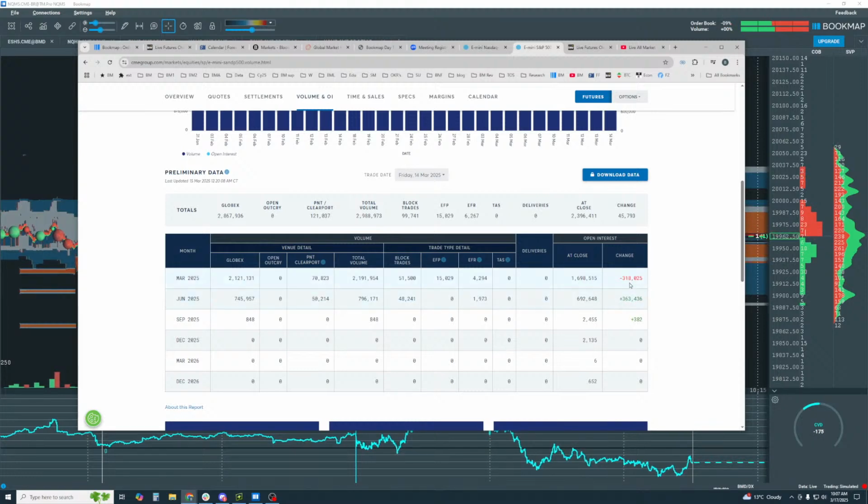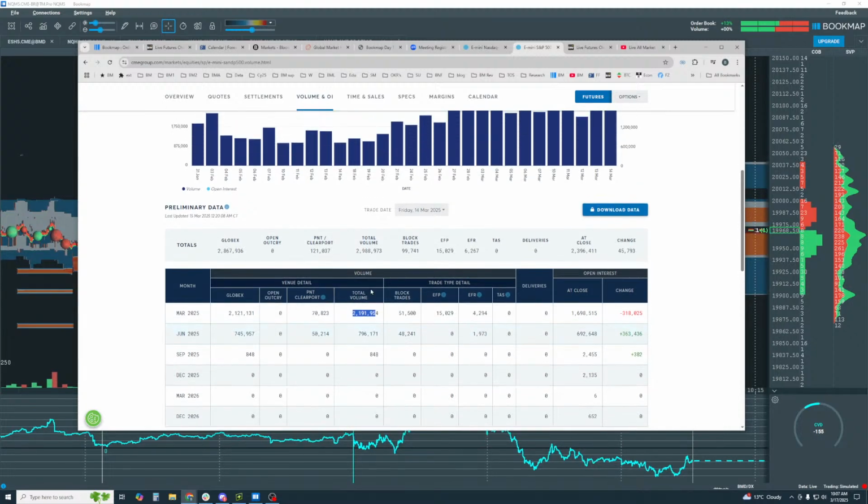There's more rolling to the new contract, but the total volume in there is a lot less. So the March contract, which is the H contract, is still much more highly traded at the moment.